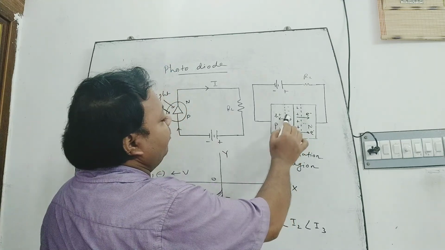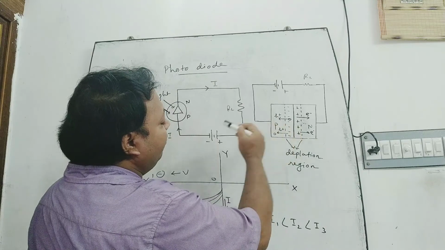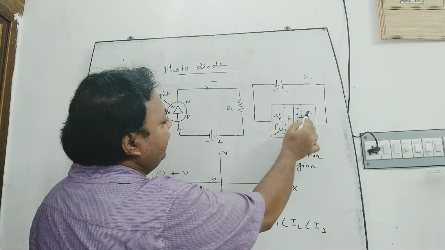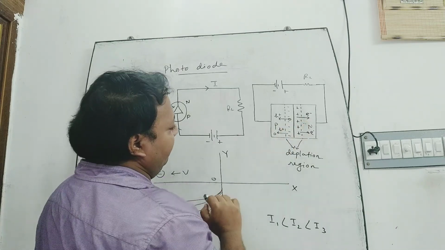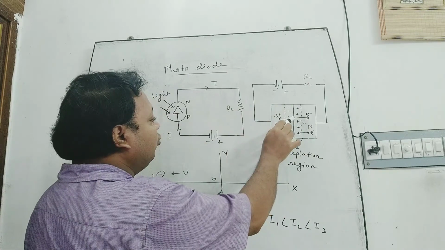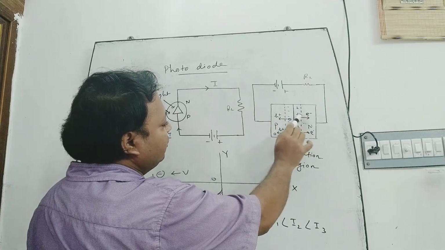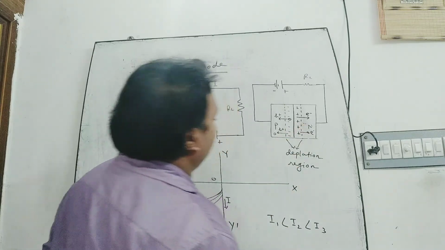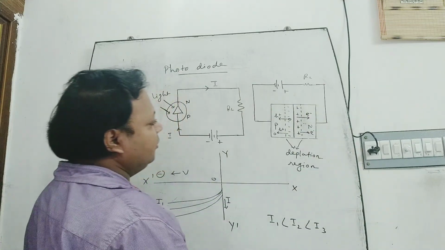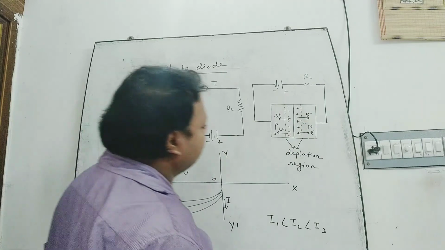Inside the p-type region, the free holes move to the p-type, and inside the n-type region, the free electrons move to the n-type. That's why in the reverse bias circuit, these free carriers produce current.